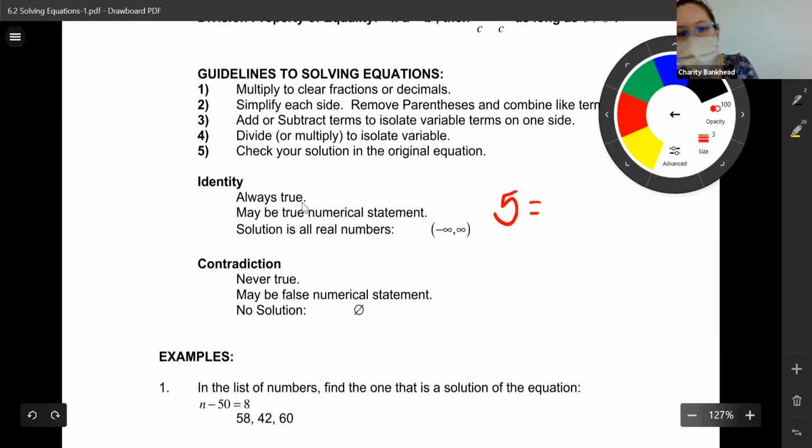So, for example, 5 equals 5 would be an example of an identity. In that case, if that's your equation, then it's just always true no matter what. And a contradiction would be something that's always false no matter what, so it has no solution. For example, 5 equals 0 would be a contradiction.